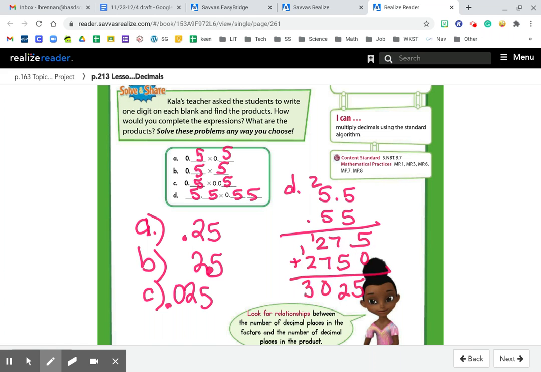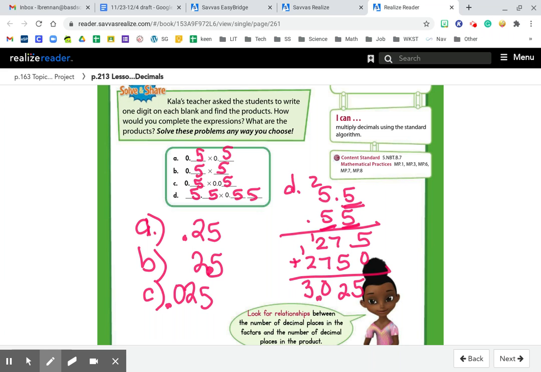Now we go back to our problem and we see we have 1, 2, 3 digits in decimal place value in the problem. So we need to have 3 in the answer. So that's what they want you to do on this crazy problem. They want you to be aware that you multiply the digits first and then place the decimal based on the number of digits in decimal place value in the factors.